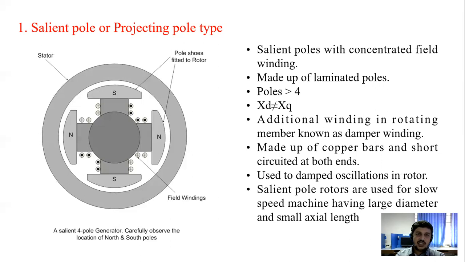There may be chances of deformation of the pole due to the centrifugal forces, and to reduce the effect of centrifugal forces, the diameter of this machine is kept large, and their axial length is generally small.